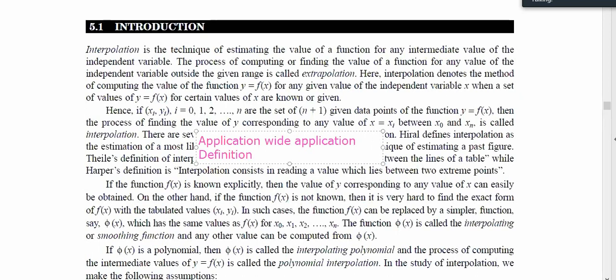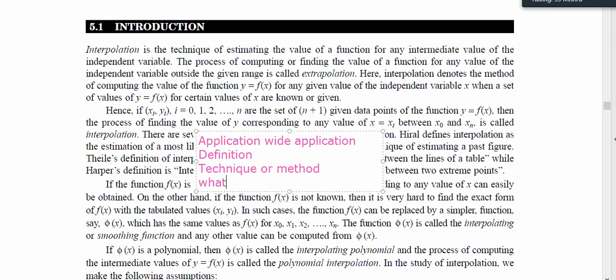Interpolation, in one word, is nothing else but a technique or method. What does this method do?